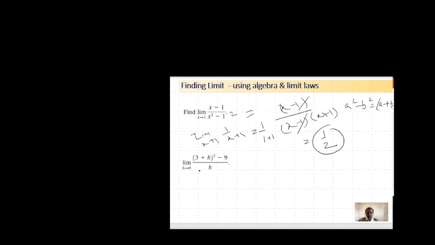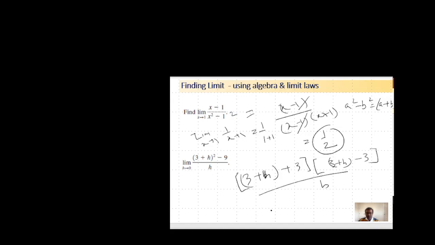Let's look at the second example: 3 plus h, the square of this, minus 9, over h. In order to find this, let's use the same formula to break it out. So we can say 3 plus h plus 3, and this is 3 plus h minus 3.